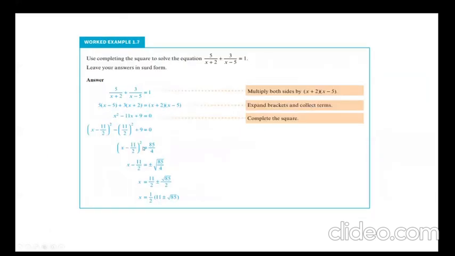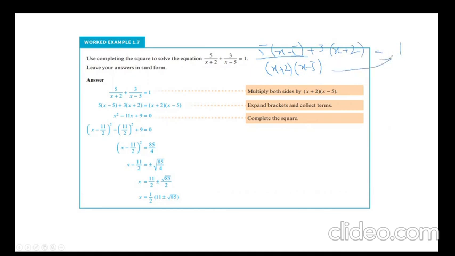115, use completing square to solve this. So first you have to take the LCM. So the LCM is x plus 2 into x minus 2. So first is 5 divided by x minus 5 plus 3 divided by x plus 2 equals 2.